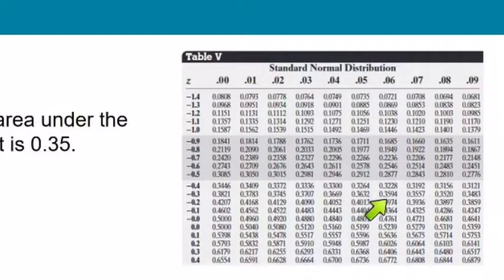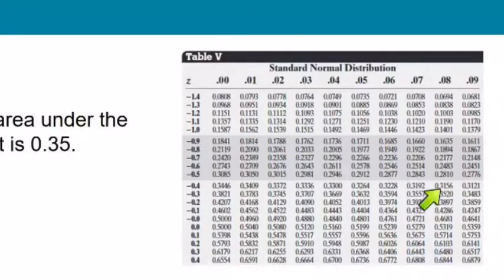So I'm looking here, I see that I have 0.3594, 0.3557, 0.3520, and then it drops down to 0.3483. So we know that the area we have, 0.35, is in between these two areas that we see listed in the table.